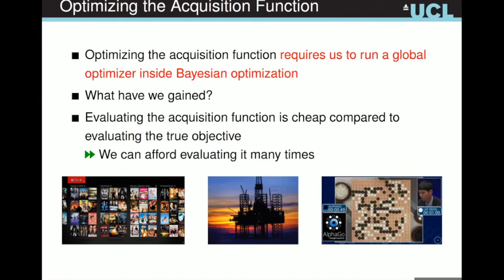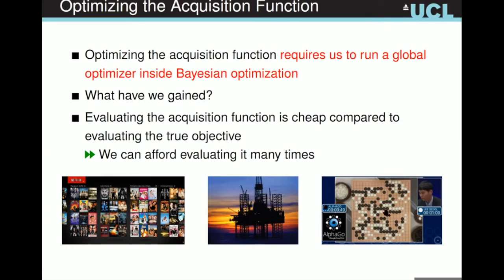These are examples where it's very clear that you do not want to run these real experiments many times. The oil drills are super expensive and time consuming. But if you also make really bad recommendations, then Netflix would lose customers. So you really want to be careful with what you do here.